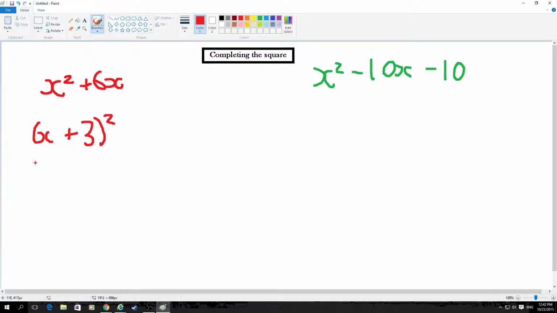But then this means that when you write up again, it's going to be minus 3 squared. You could look at the theory side of why this is, but it's easy to just think that if there's a 3 in here, it's going to be minus 3 squared on the outside. If it was a 5 in there, it would be minus 5 squared outside.